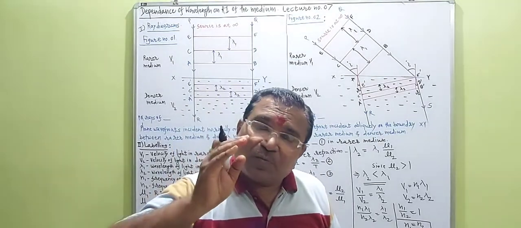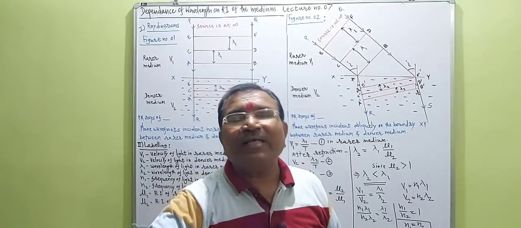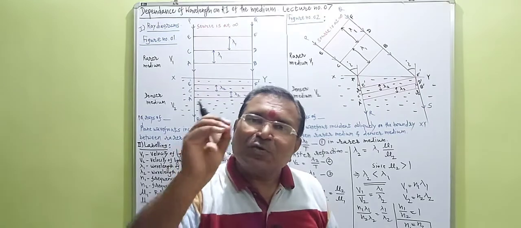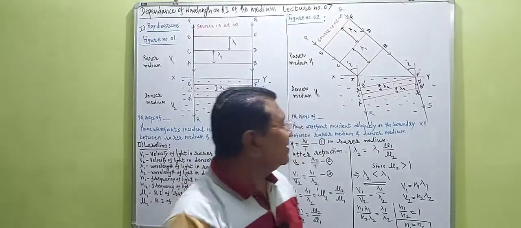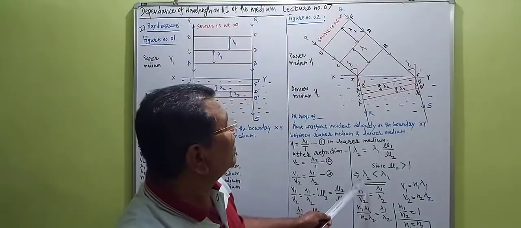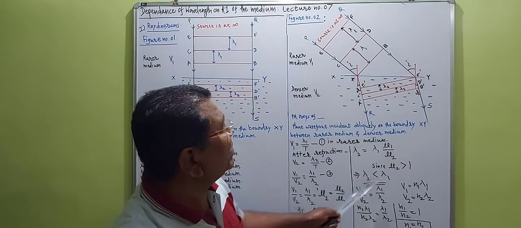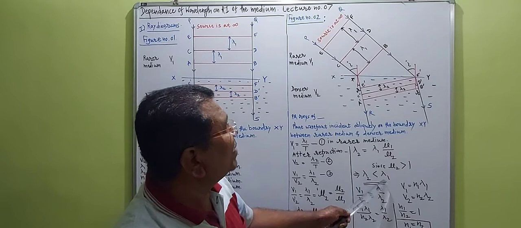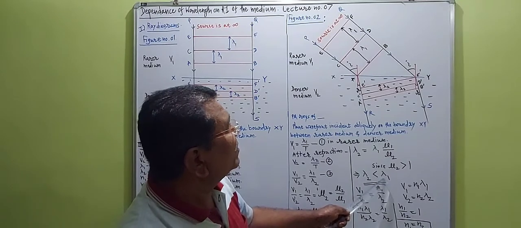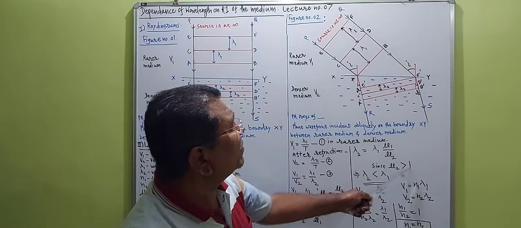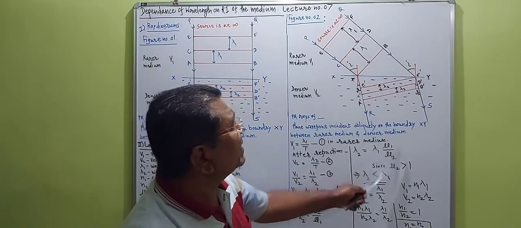We have already learned earlier the effect of refractive index over the wavelength, and that effect we get here. Wavelength of light lambda 2 in denser medium is less than wavelength of light in rarer medium. How is this proved? Because mu 2 is always greater than 1, so this ratio is less than 1.